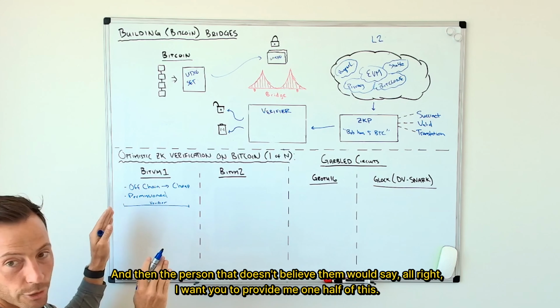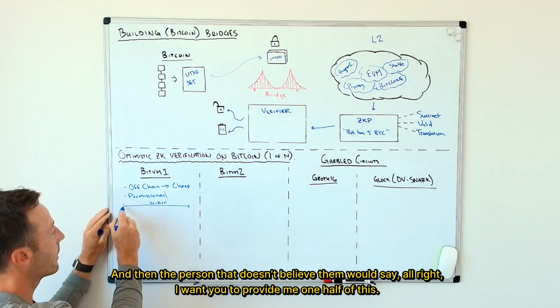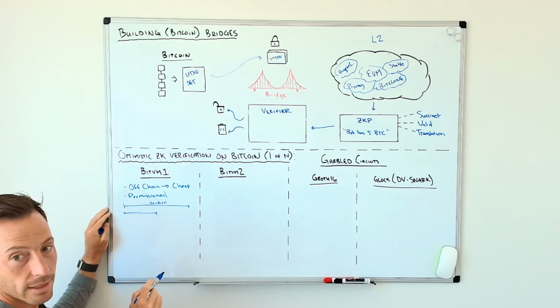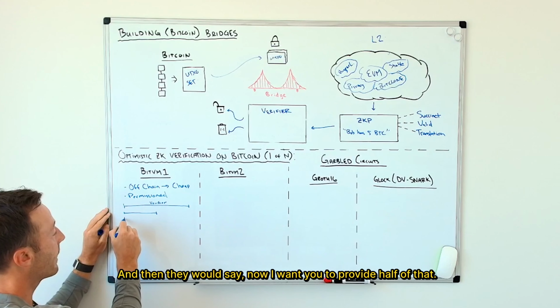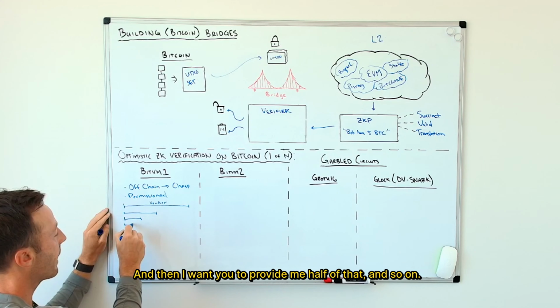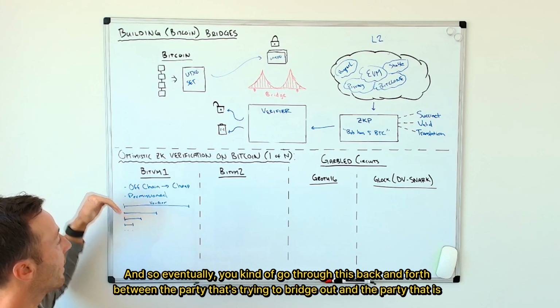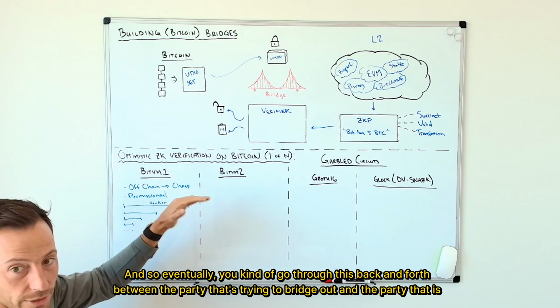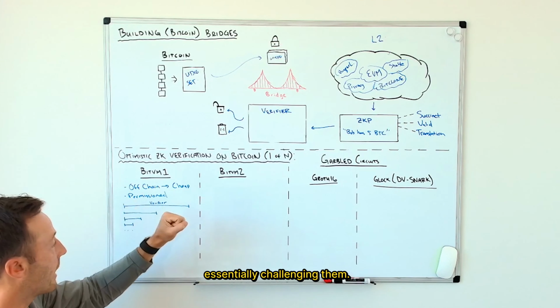Then the person that doesn't believe them would say, all right, I want you to provide me one half of this. And then they would say, now I want you to provide half of that, and then I want you to provide me half of that, and so on. Eventually you go through this back and forth between the party that's trying to bridge out and the party that is challenging them.